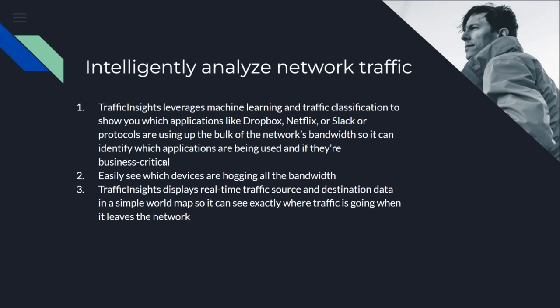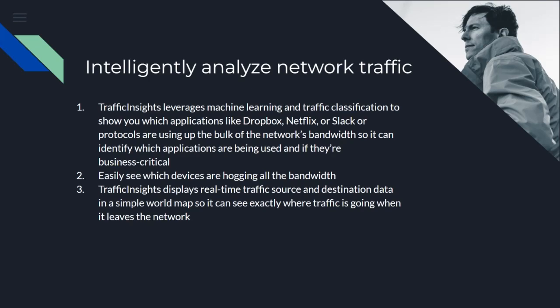And for the third feature, intelligently analyze network traffic. Traffic Insight leverages machine learning and traffic classification to show you which applications, like Dropbox, Netflix, or Slack, or protocols are using up the bulk of the network bandwidth, so it can identify which applications are being used and if they are business critical.